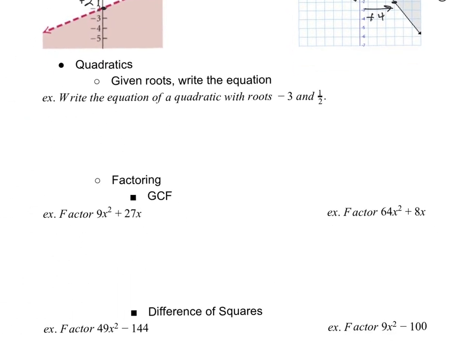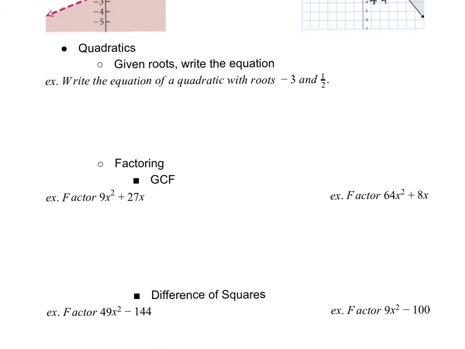Next we're going to talk about quadratics. The first thing we're going to do is, given a quadratic with roots -3 and 1/2, figure out what the equation is in standard form. When we have roots, we know that when it's in factored form and we solve for x, we get those solutions.